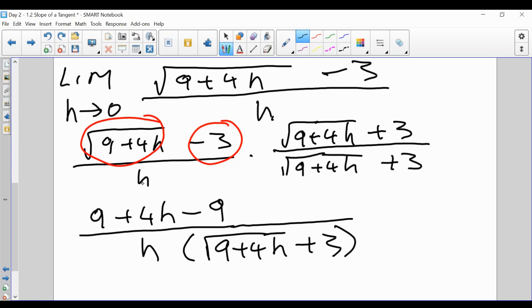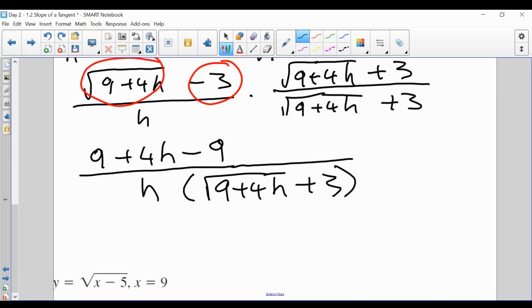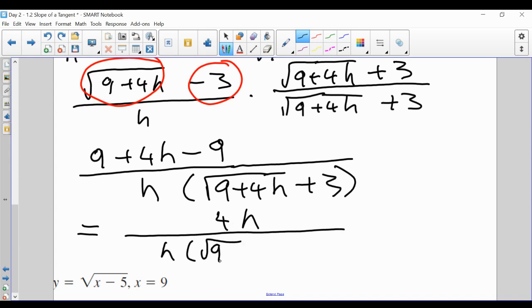So that's multiplying the h by this denominator here. Now, luckily for us, the top is just going to be left with 4h. The bottom is going to be left with h times the square root of 9 plus 4h plus 3.